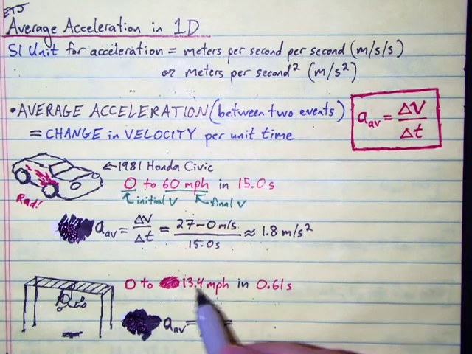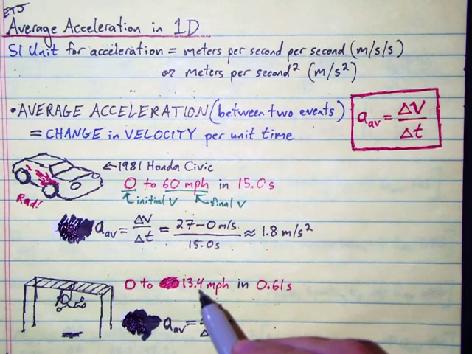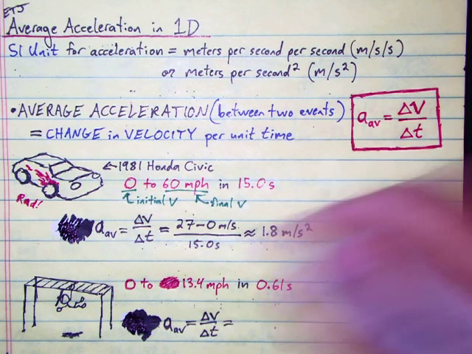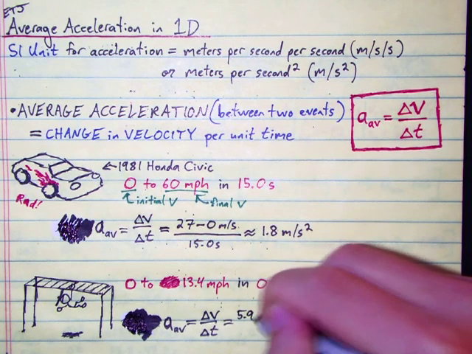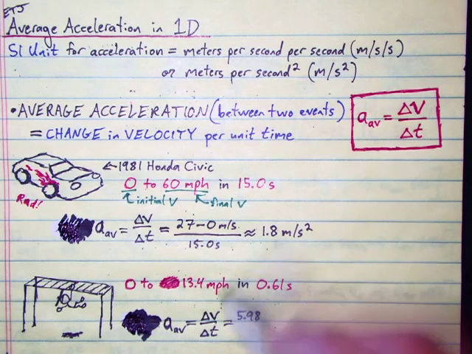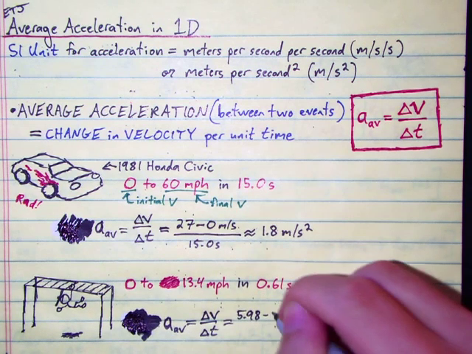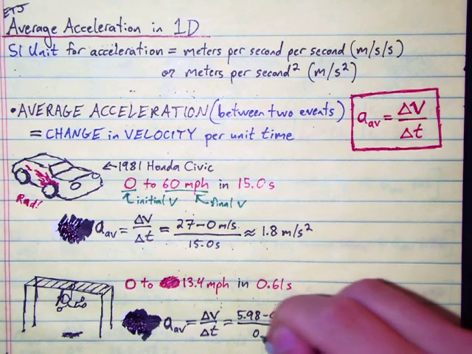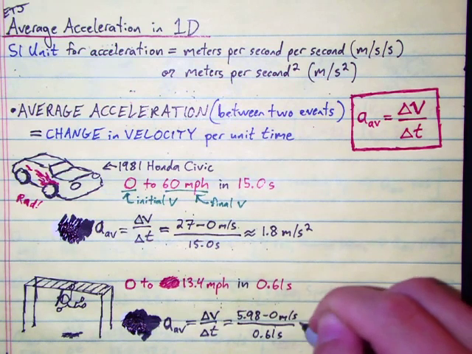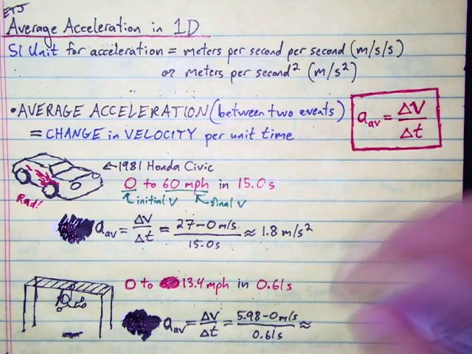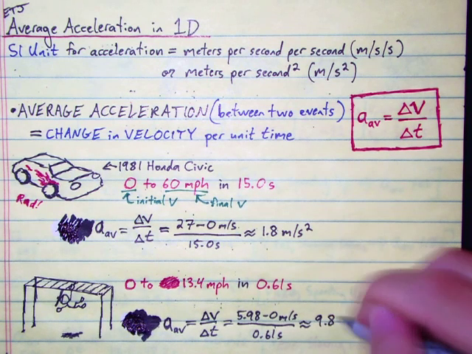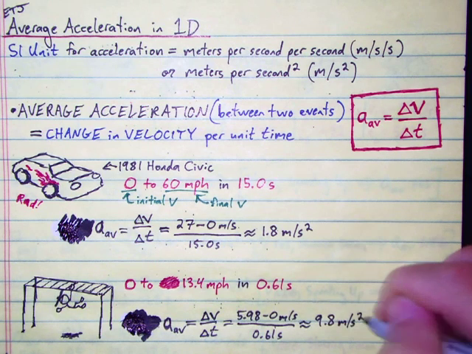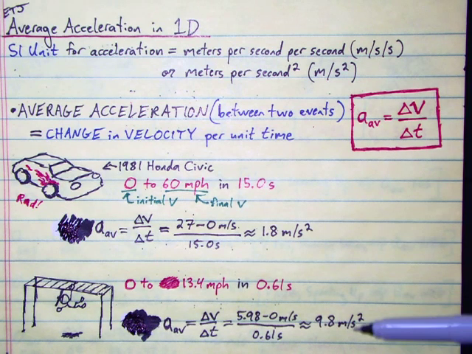Our final velocity minus initial, when you convert 13.4 miles per hour to meters per second, you'll find it's about 5.98 meters per second. Final minus an initial of 0, divided by our change in time, 0.61 seconds. And that's going to come out to be about 9.8 meters per second squared, a very significant value.